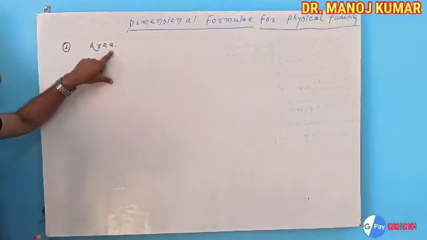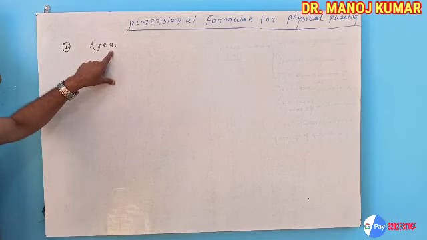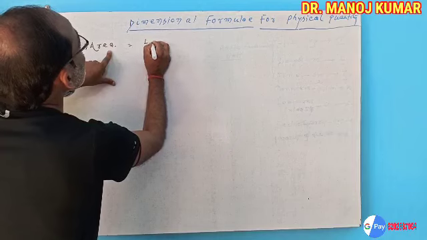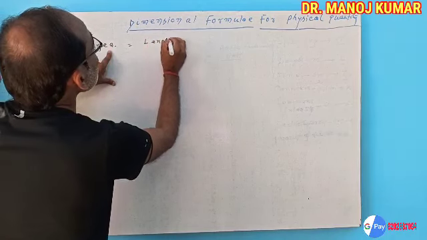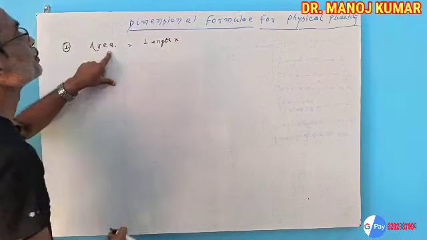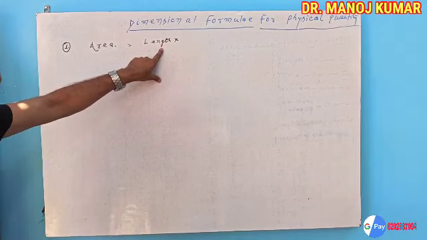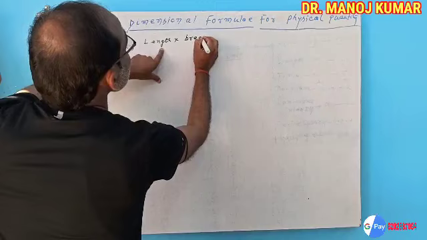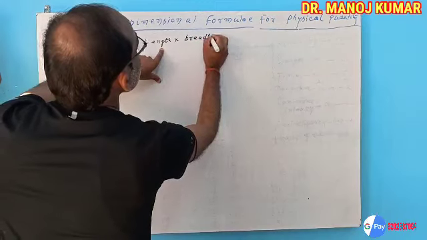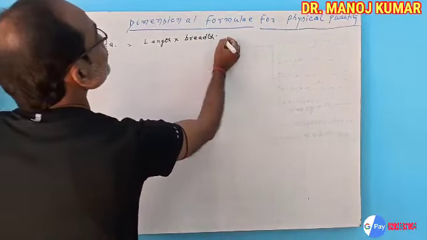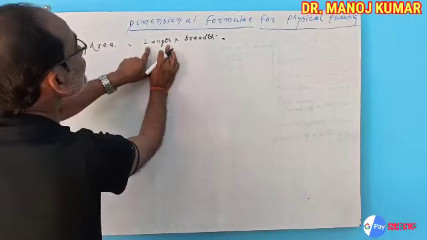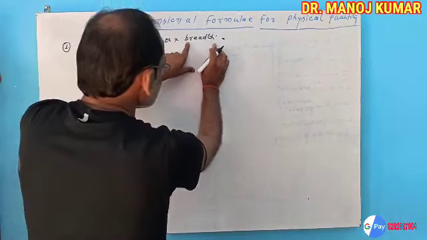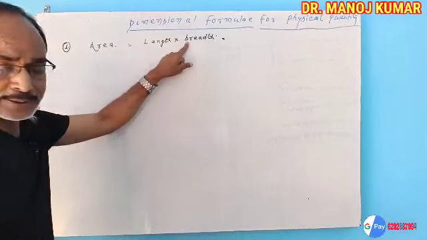So you must always remember area equals length into breadth. Length is measured by meter, breadth is also measured by meter.